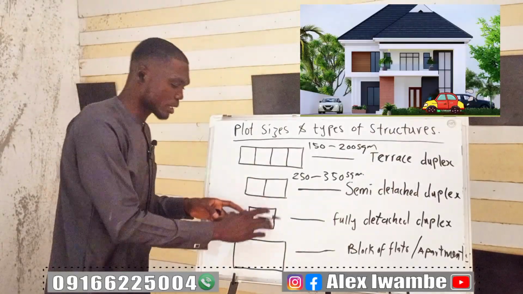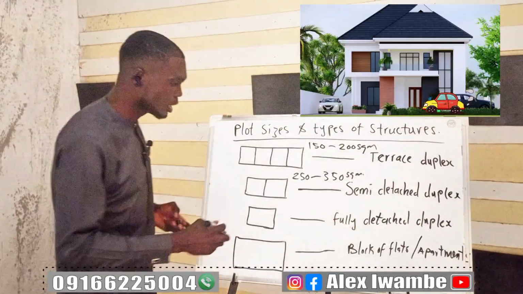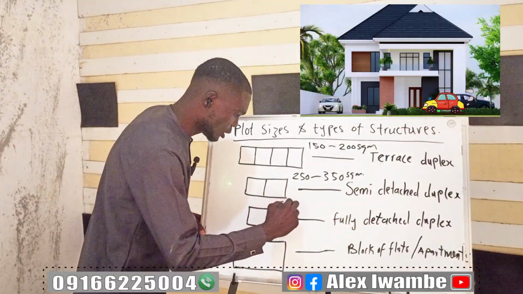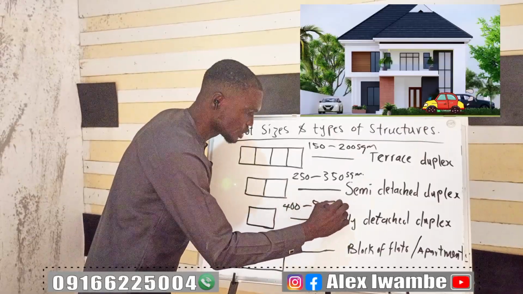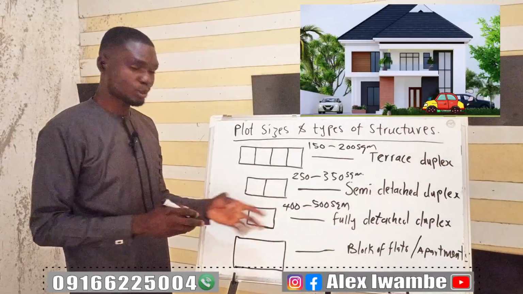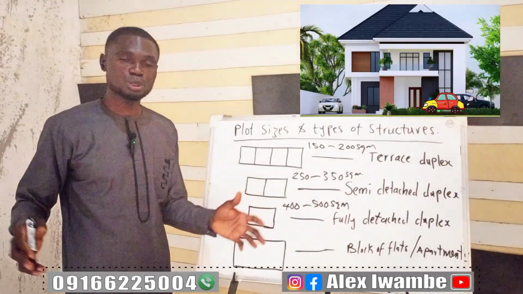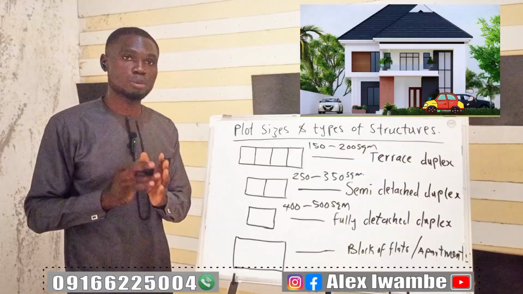Now, the good thing about this one is that it has enough space, and usually you build this on a 400 to 500 square meter plot. So when you build a fully detached duplex on this plot size, you get to have enough parking space for yourself. You have your own privacy all by yourself.